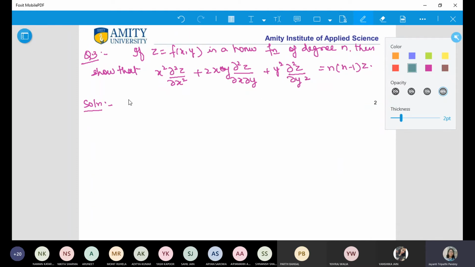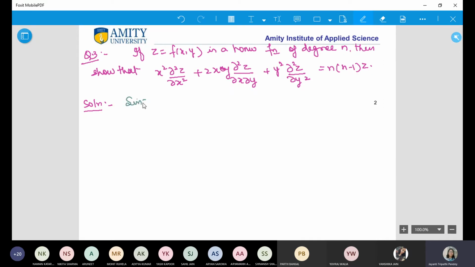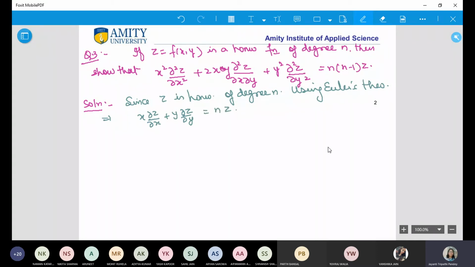Since it is homogeneous of degree n, using Euler's theorem, we can say that x ∂z/∂x + y ∂z/∂y = nz. Let us mark this as equation 1.